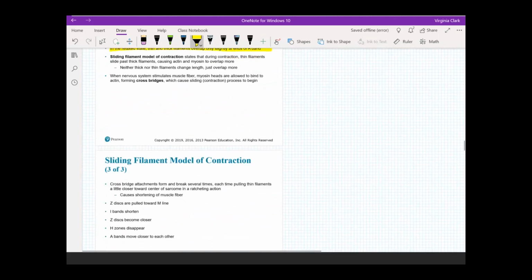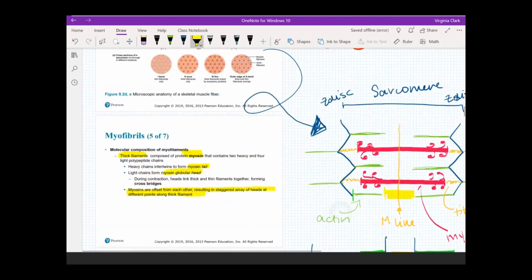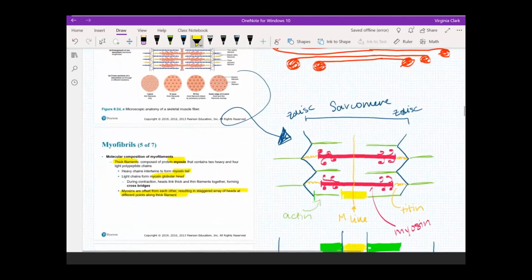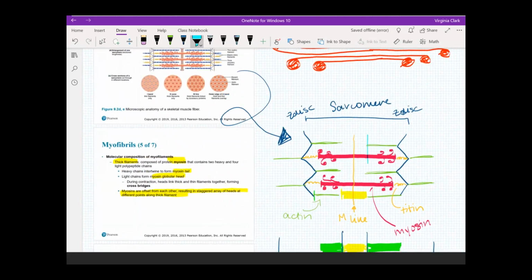So I'm going to drive all the way back up to our sarcomere. Our thin filaments and our thick filaments only slightly overlap. So what we're talking about is the section that is here and here. That is the only section where you will actually have your thick and your thin.